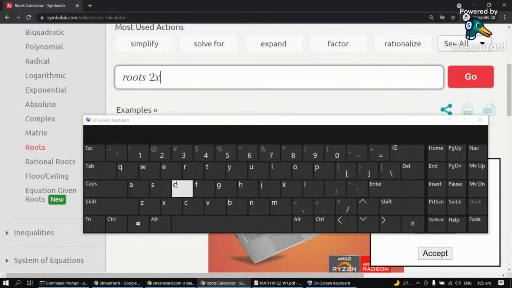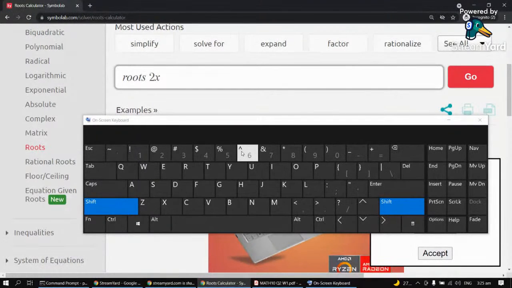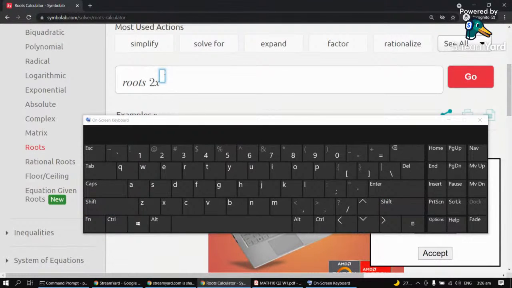So, paano natin gagawin yung maliit na number sa taas? Click natin shift para ma-access natin yung caret sa taas ng 6. Okay, so mapansin nyo yung cursor natin dito umakyat. So, nag-aantay na siya ng exponent. So, since ang leading term natin is 2x cube, tatype lang natin 3.